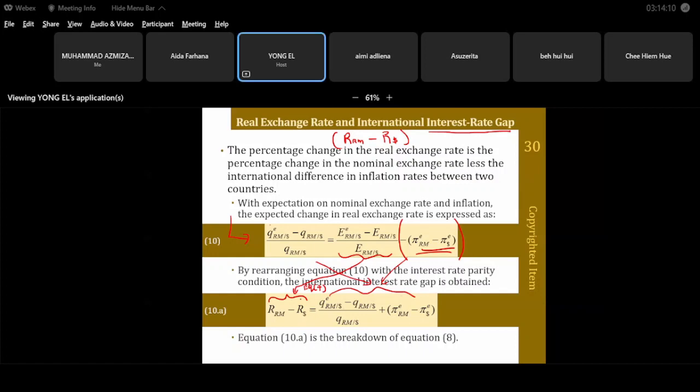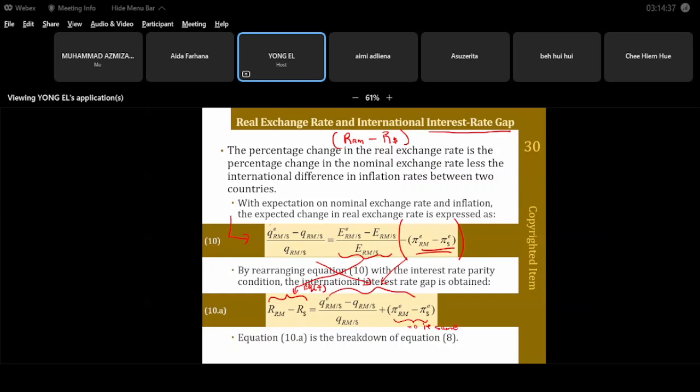All in all, what we see from this equation is that the difference, or interest rate gap, between the two countries is equal to the percentage change in real exchange rate plus the differences in inflation rate. Meaning, if the two countries have the same inflation rate, then this term will be equal to 0, right?